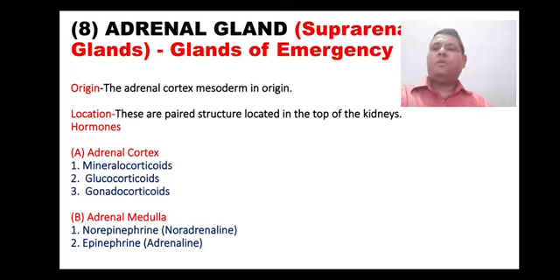It retards the phagocytic activities of the WBCs and thus suppresses inflammatory reactions. The hormone also reduces the number of mast cells, inducing secretion of histamines, and this is also an anti-inflammatory effect.